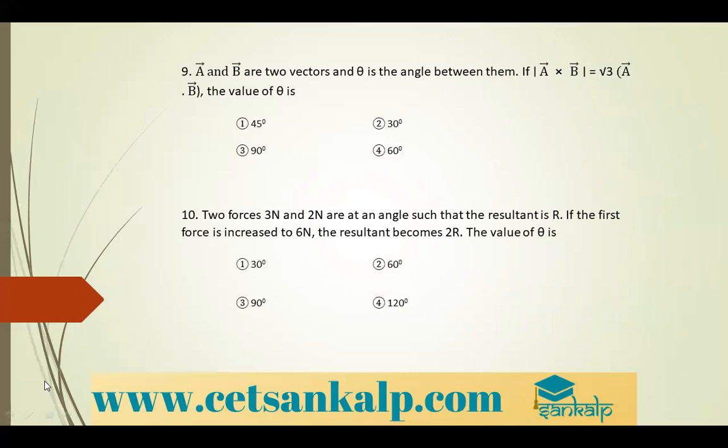Okay. Next problem. They have given vectors A and B, and theta is the angle between them. So they have given theta also. Please remember, they have given a condition. What condition have they given?